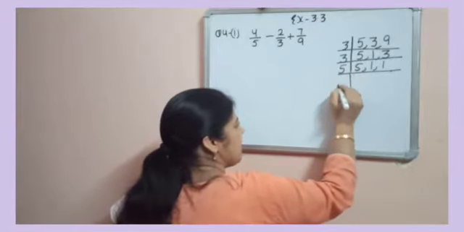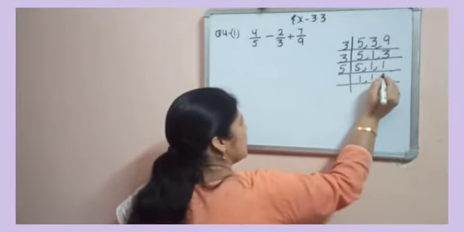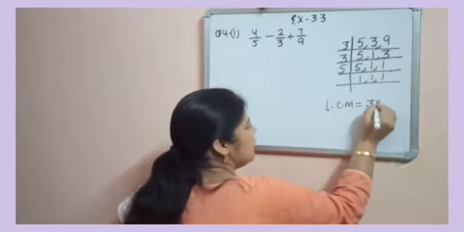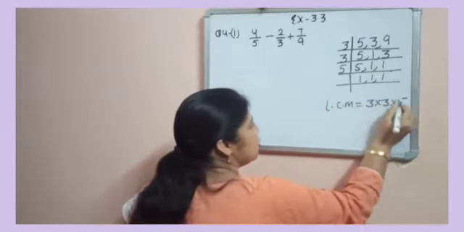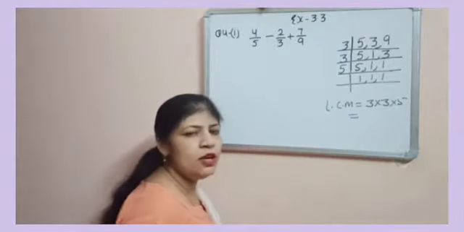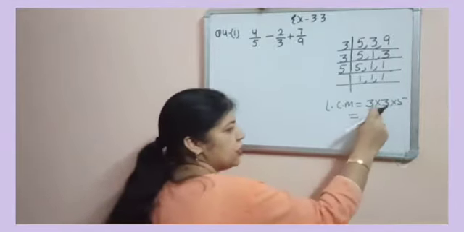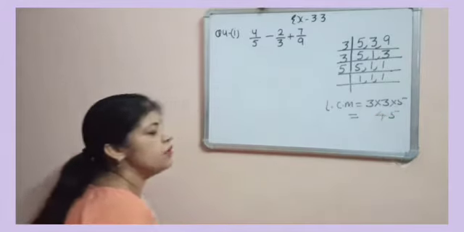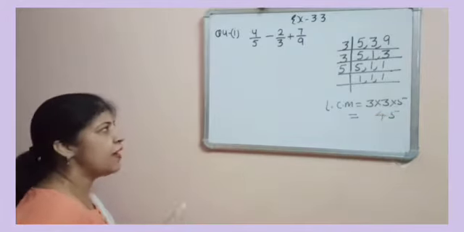Now divide by 5. Now the LCM will be 3 into 3 into 5, that will be 45. So the LCM is 45.